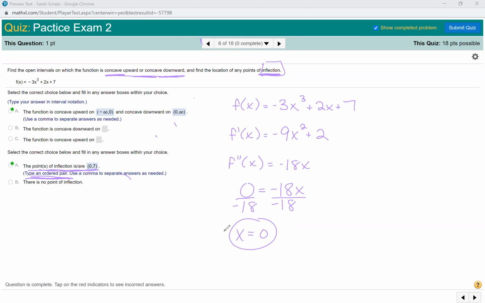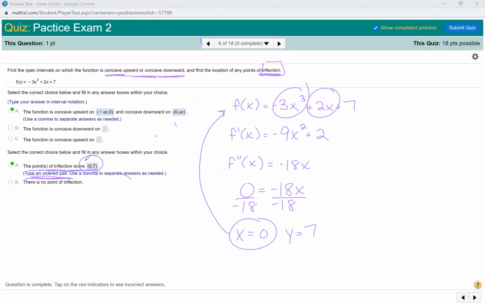You guys, anytime you have an x value, no matter how you found it, to get the y value at that x value, you just put it in the original. So if we put 0 up here, what happens? This is gone, and we're left with 7. And again, it'll remind you to type an ordered pair. It wants the x and y value there. And I know it's real wishy-washy when it wants a point and when it wants just one of the coordinates, but luckily it kind of guides you on that. So the inflection point is 0, 7.